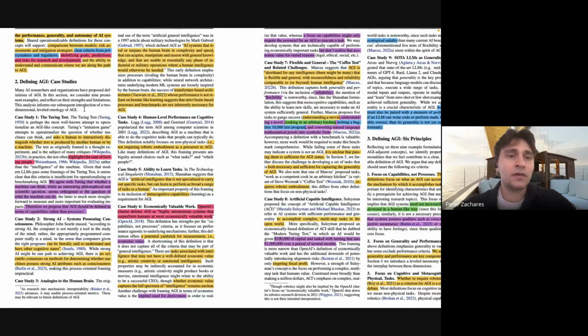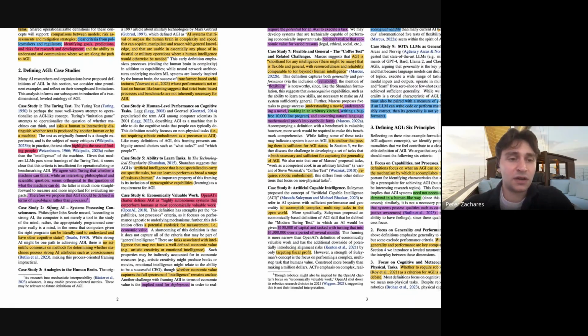Let's look at the first one, about defining artificial general intelligence in the case studies. We'll go through these in more detail, but I'm going to go through them quickly. The first case study, and probably the first example of us trying to define artificial general intelligence, is the Turing test, where you ask a human to interactively distinguish whether text is produced by another human or by a machine. So that's one way of evaluating intelligence.